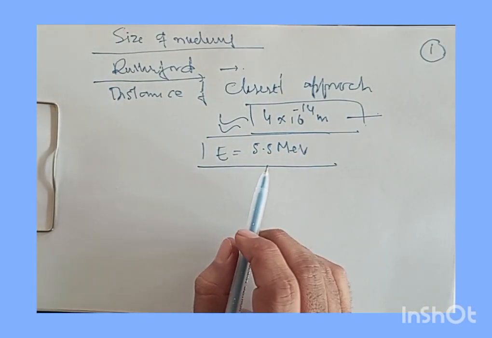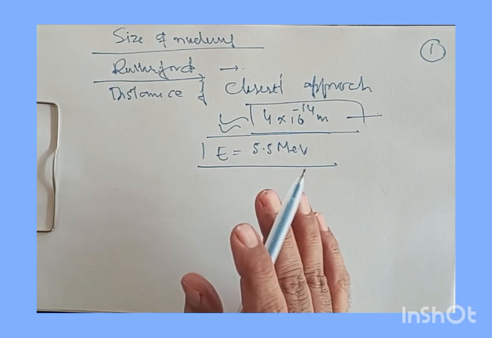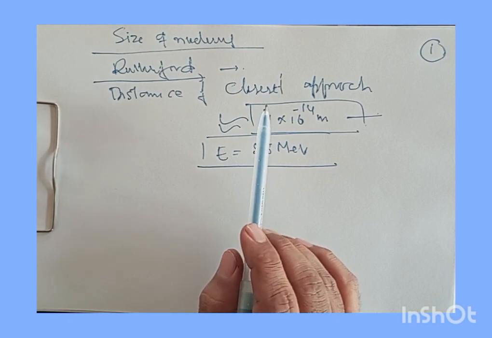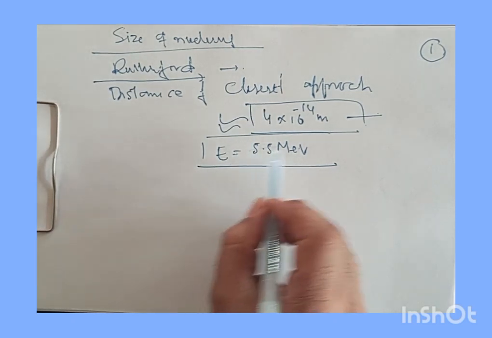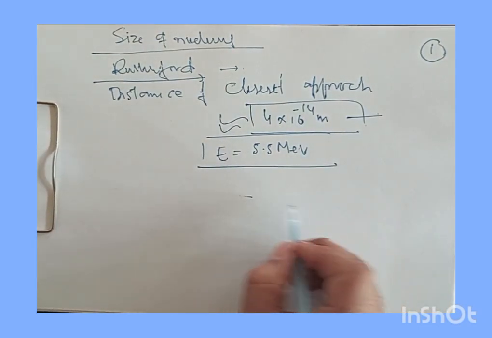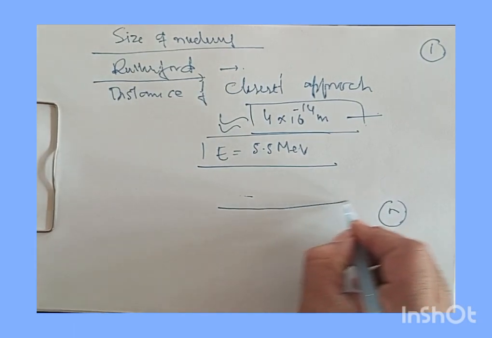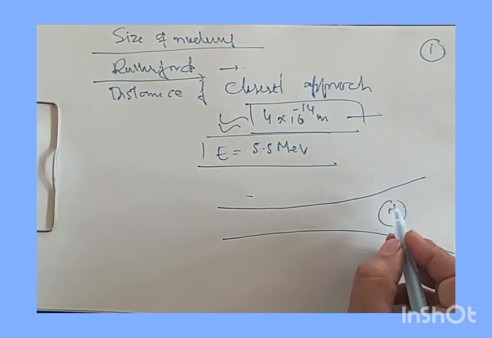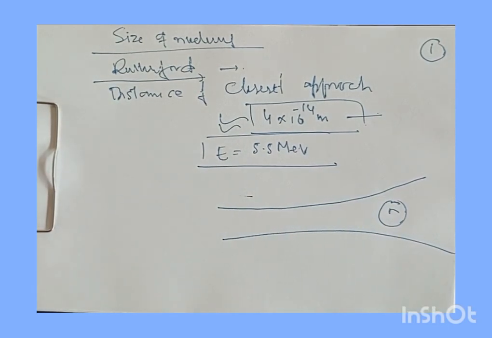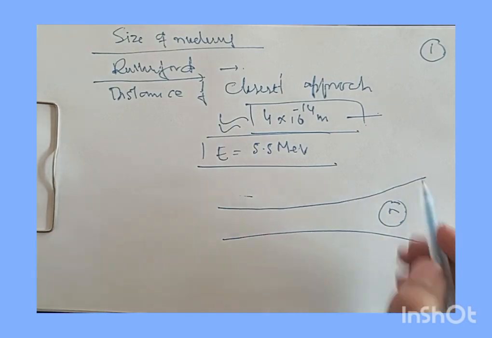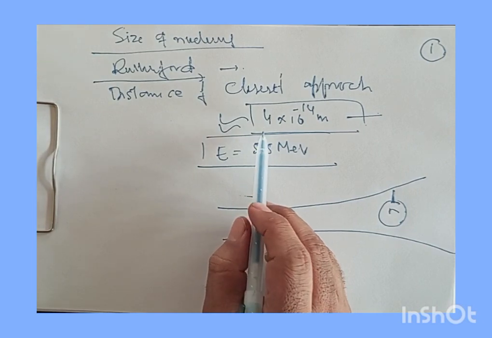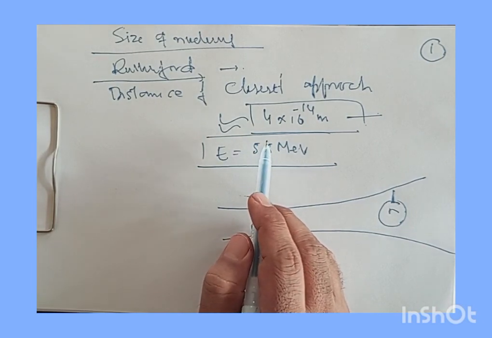Now, this fact indicates that the size of the nucleus should be of the order of 4 times 10 to the power of minus 14 meters. For alpha particles, you allow them to scatter through the gold foil, and Rutherford was able to measure this distance of closest approach, which comes out to be 4 times 10 to the power of minus 14.